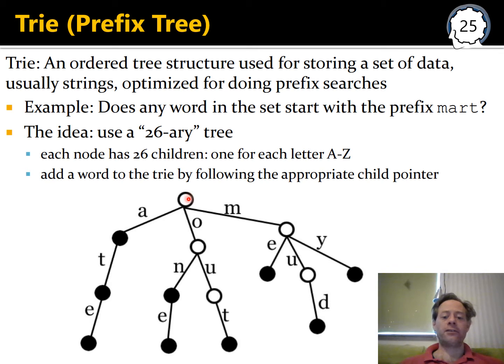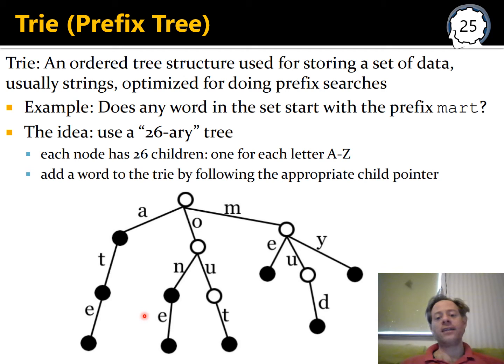If there already is a branch for that letter, say for example we want to add ape, we see that it starts with an A. Then we see that the second letter is a P, and there is no branch for P. So we would add a new branch for P, and then add all the remaining letters, so we get ape. It's very easy to build this data structure.